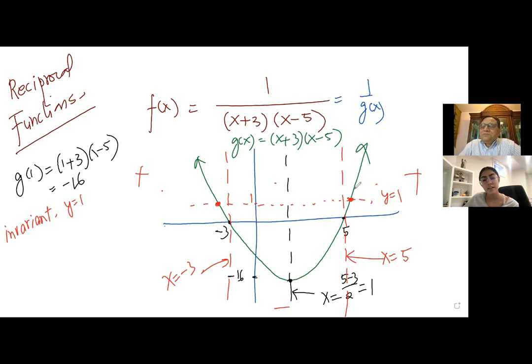Is that clear? So whenever we plot these points down and we put our vertical asymptotes, if we were to sketch a line at y equals 1, parallel to the x-axis, then the points where it intercepts that parabola are going to be our invariant points. You're right.